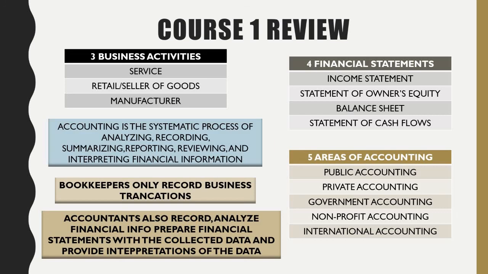Then we looked at the 3 types of business activities and the 4 financial statements, as well as the 5 areas of accounting, a brief look at the difference between a bookkeeper and an accountant, and the definition of what accounting is. Thank you, and this concludes the lecture for chapter 1.